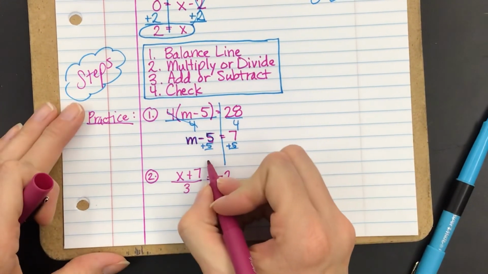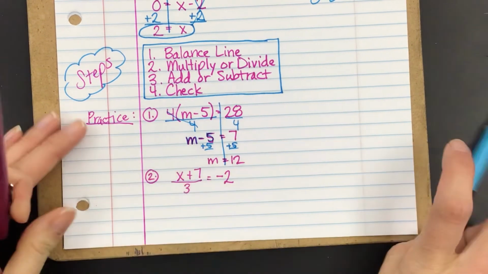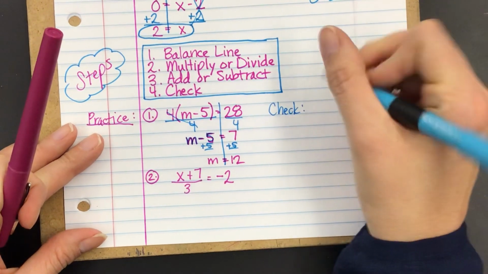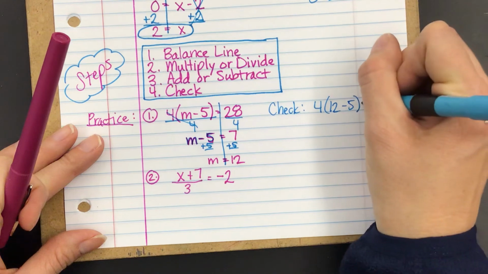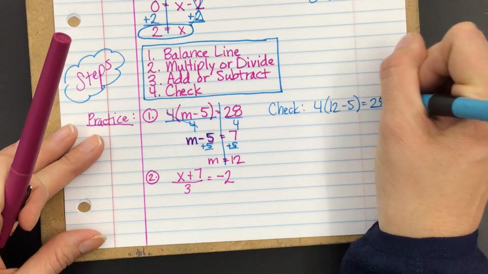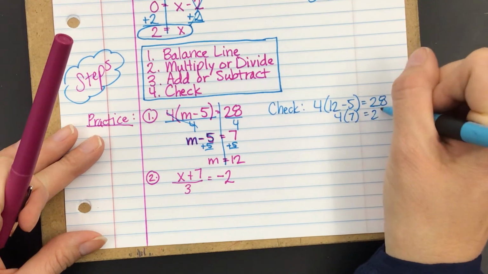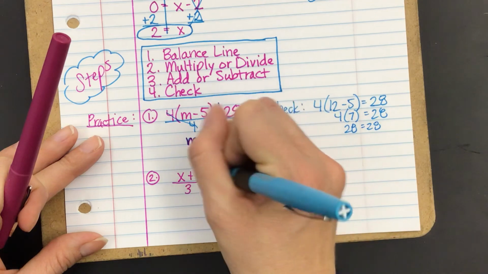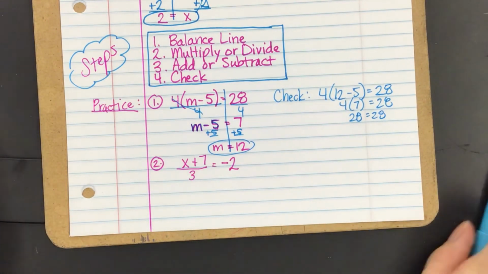And I get that m is equal to 12. I'm going to check it. Yeah, we're good. Okay, so that first one, m is 12. So far, so good?